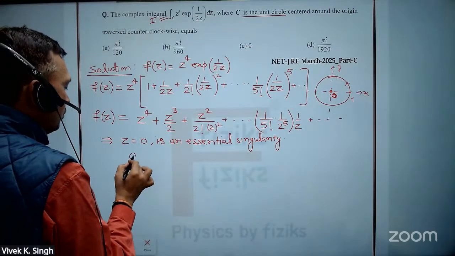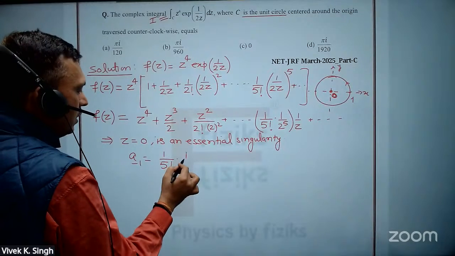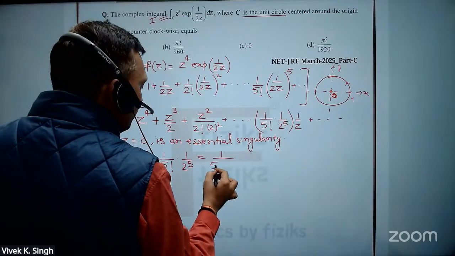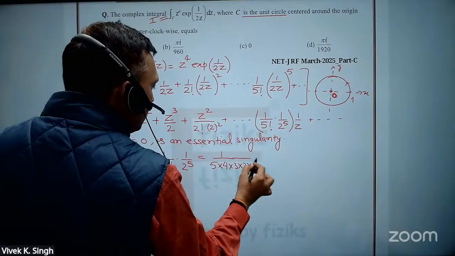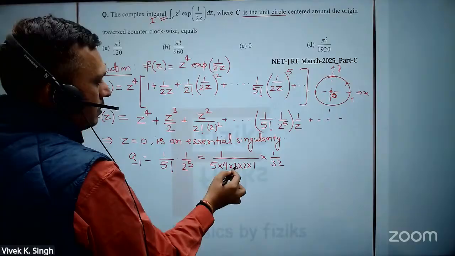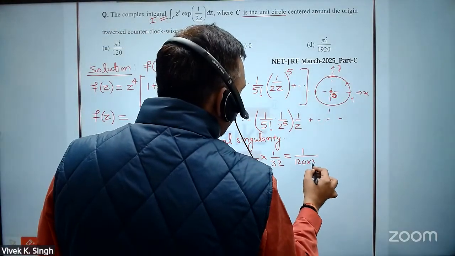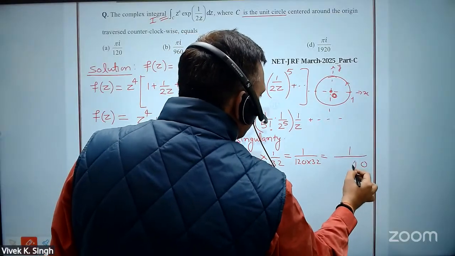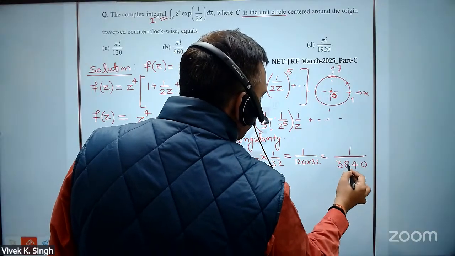So what will be the residue? Residue is given by 1 by factorial 5 into 2 power 5. So this is 5 into 4 into 3 into 2 into 1, into 32, that is 120 into 32, and this will be 1 by 3840.